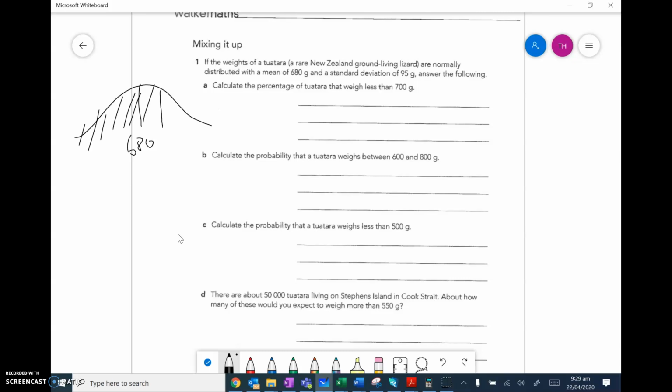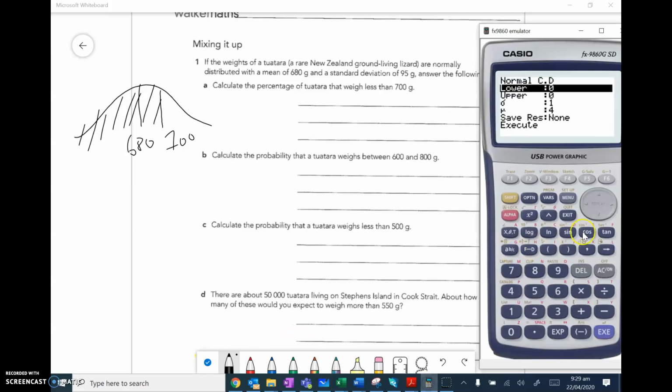So that's going to be all of that. So 700 is here. So that means my upper value in my graphics calculator is going to be 700. My lower is not going to be 0. What I'm going to do is I'm going to write a negative, but a huge number. And then my standard deviation, which is this symbol here, is 95. And my mean is 680.